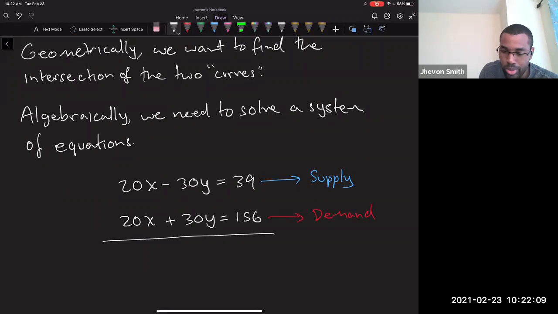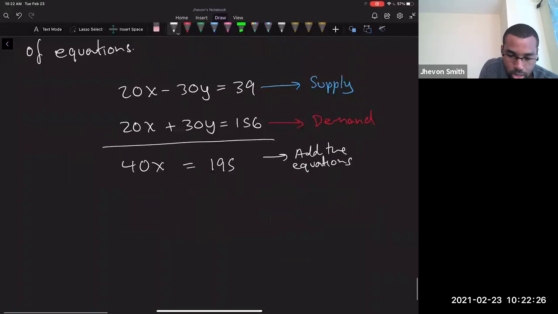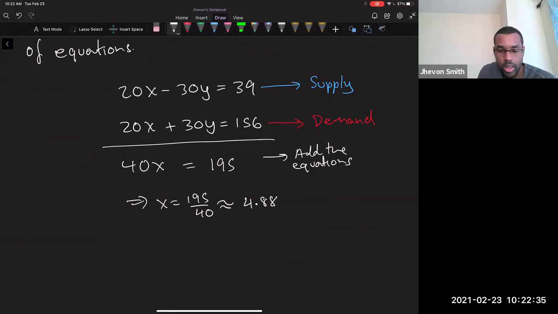I can add these two. I would end up with 40x. The y's would cancel, and I would end up with 195. So this means that x is equal to 195 over 40. That's roughly $4.88.